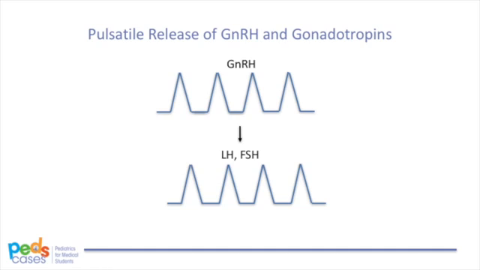The pulses are characterized by amplitude, which is the magnitude of the pulse, and frequency, which is the rate at which the pulse is moving. As we will see next, the amplitude and frequency of the GnRH and gonadotropin pulses change from birth to the onset of puberty based on the level of activity in the HPG axis.